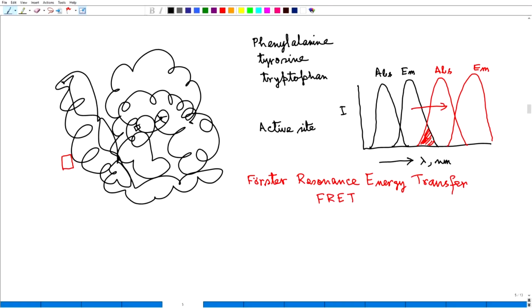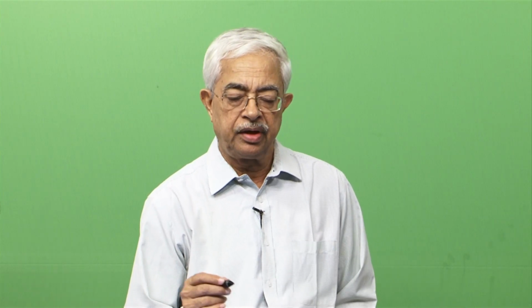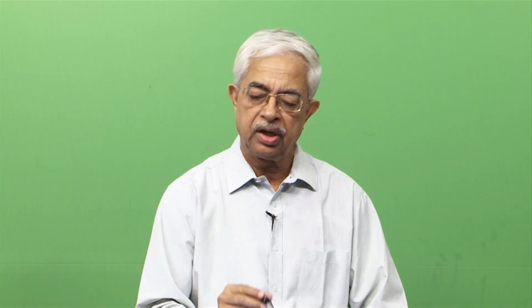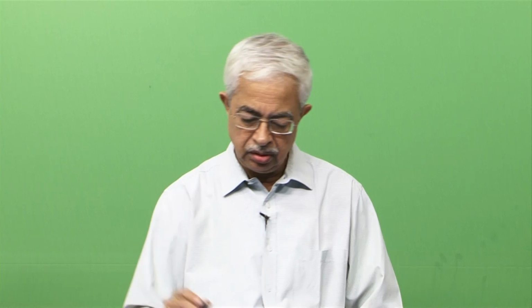So, suppose this is a tryptophan. Do not ask me what the emission spectrum of tryptophan is, what it absorbs, what it emits, I forgot. But for tryptophan it is known, or we can dissolve it and see where the absorption and emission are.